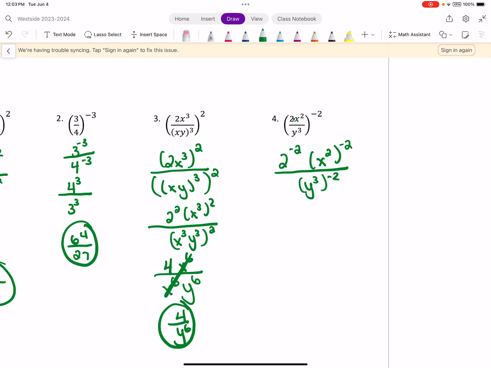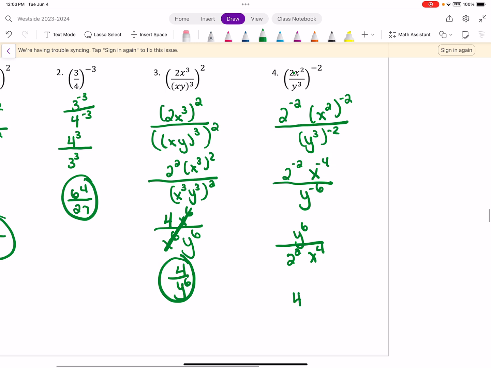So then if I do that, I would get 2 to the negative 2, x to the negative 4, over y to the negative 6. Now all 3 of these exponents are negative, so they're all going to change locations. So y to the 6th would be on top, 2 to the positive 2, and x to the positive 4. Well, 2 to the positive 2 is 4, so I'd get y to the 6th over 4x to the positive 4.